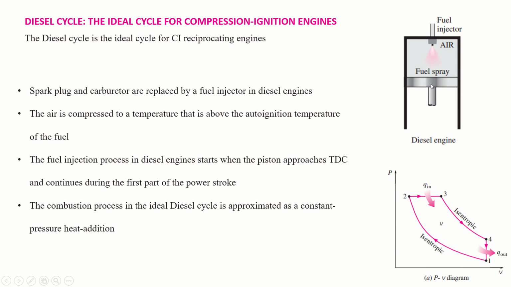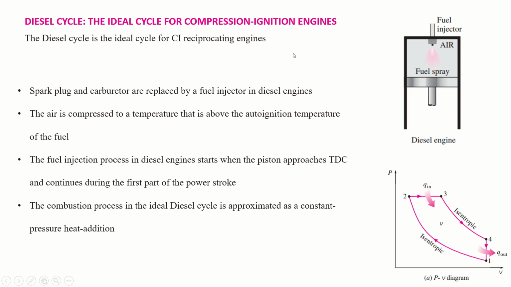When the piston moves up, its pressure and temperature increase up to a point where the fuel ignites itself, so it does not need any spark. This is done when the ignition temperature of the fuel is reached.